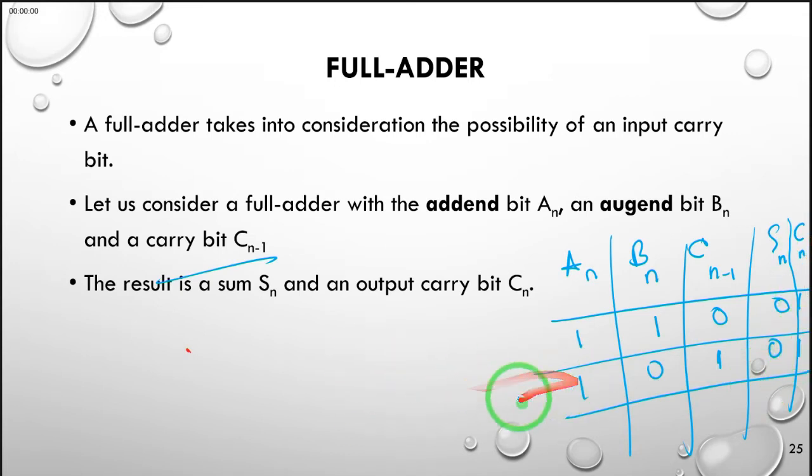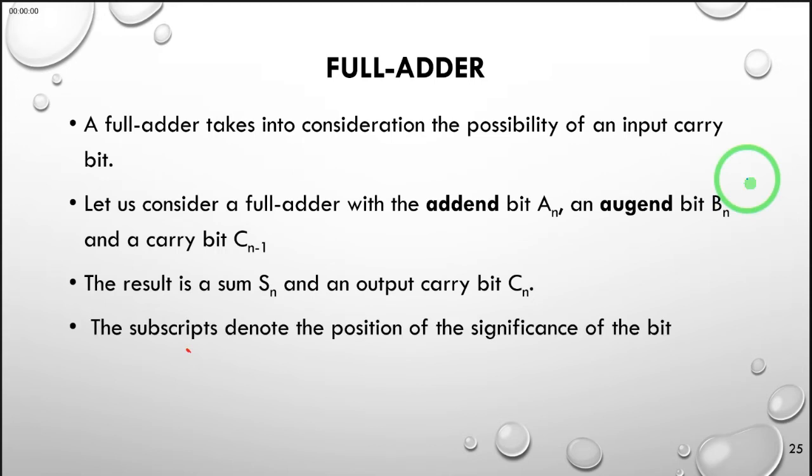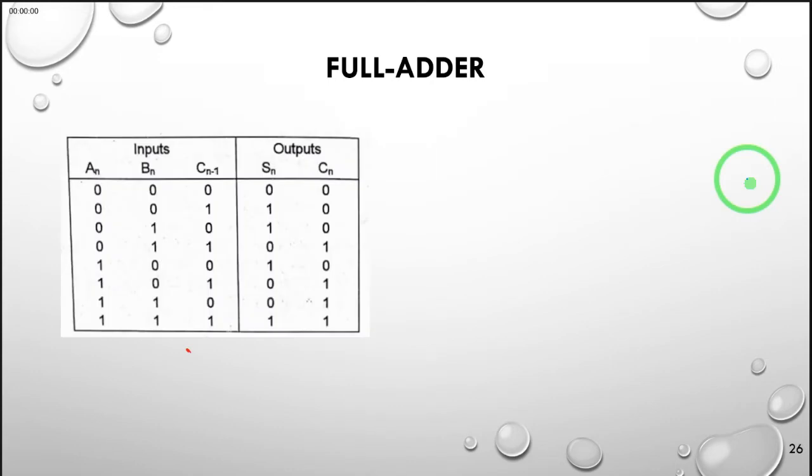So this would allow us to develop a truth table for the possibilities of having A, B, and Cn minus 1 as inputs, and Sn and Cn as outputs, and we'll see that table shortly. The subscripts denote the position of the significant bit. Our truth table will take this form: the possible combinations of A, B, and C will have all 8 possible combinations like we have seen before, running from 0 to 7.